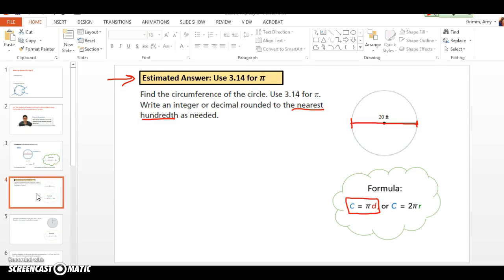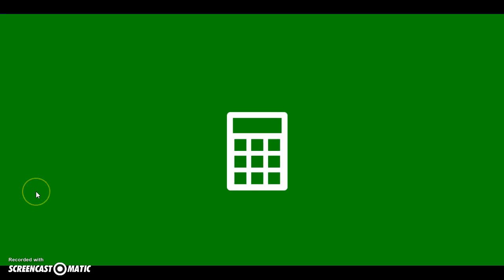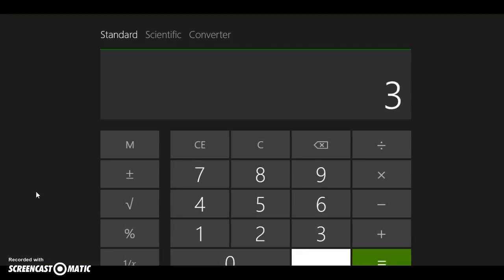So if I want to find the circumference, I'm going to take pi times the diameter, which is 20. Okay? All right, so then I'm just going to pull up my calculator. So 3.14 times 20 is 62.8. It told me to round to the nearest hundredth, so 62.8 would be rounded to the nearest tenth.